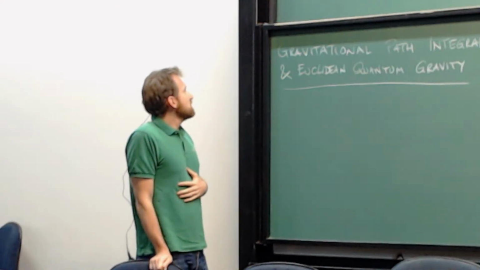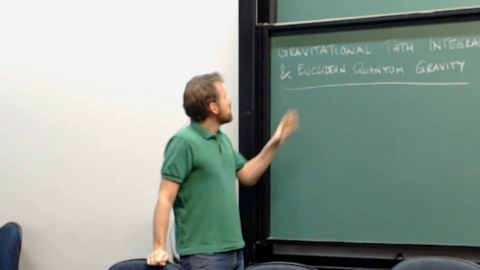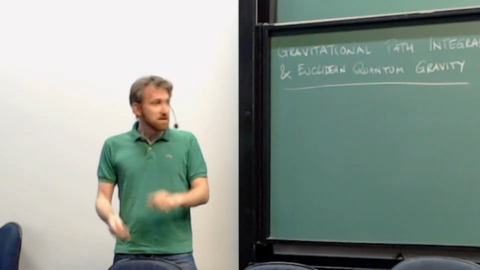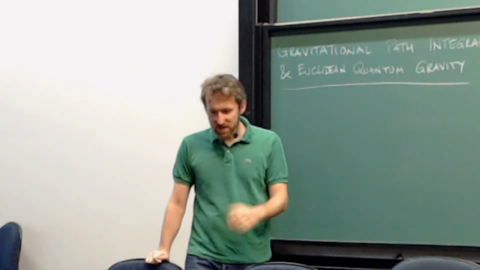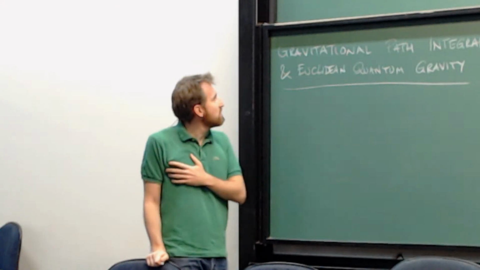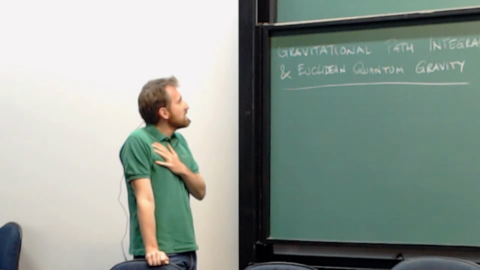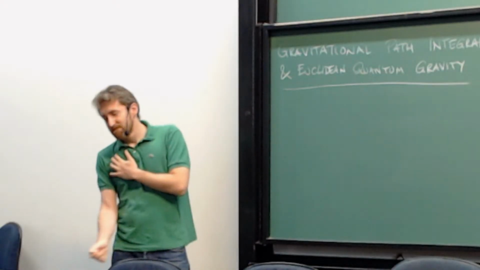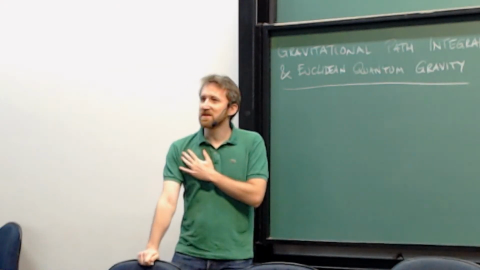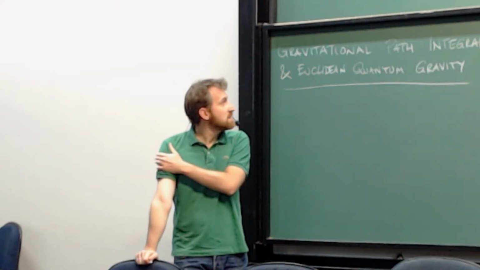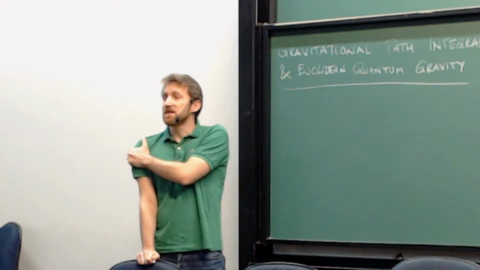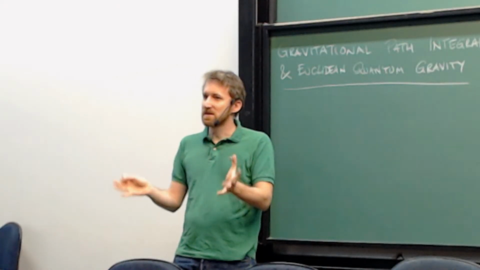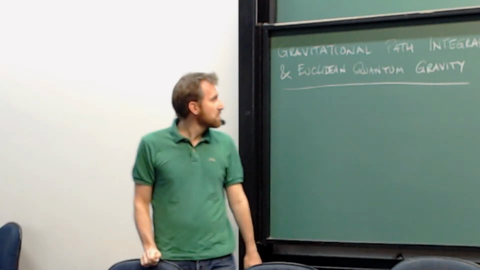I will do this in the framework of the gravitational path integral, which is a way of quantizing gravity in a sense. That was suggested by Gibbons and Hawking in 1977 or 76, and I will do this not exactly as Hawking and Gibbons did, because I will do this in anti-de Sitter spacetime, and I will try to motivate why it's a better setup to work in.